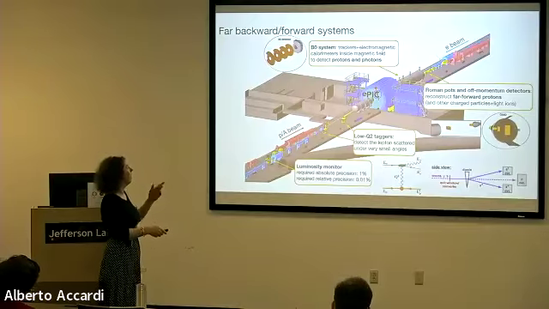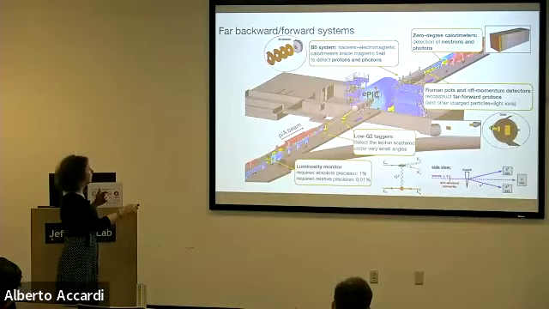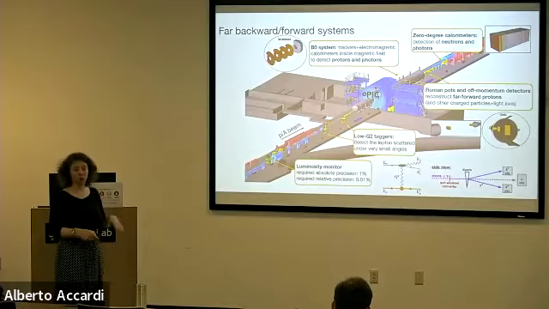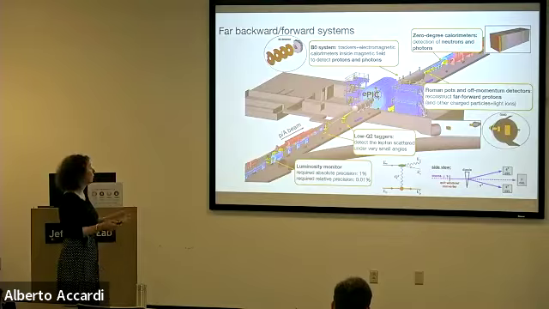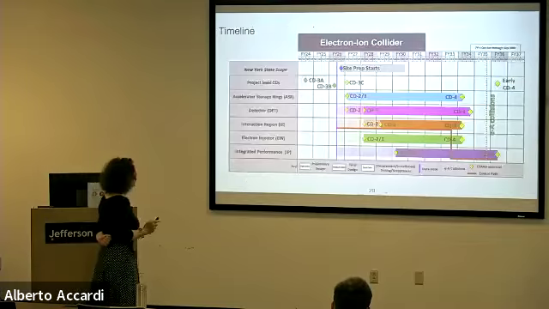There you have a series of detectors to reconstruct these scattered protons or newly produced particles that stay very close to the beam line. And you also have something alike for neutral particles.